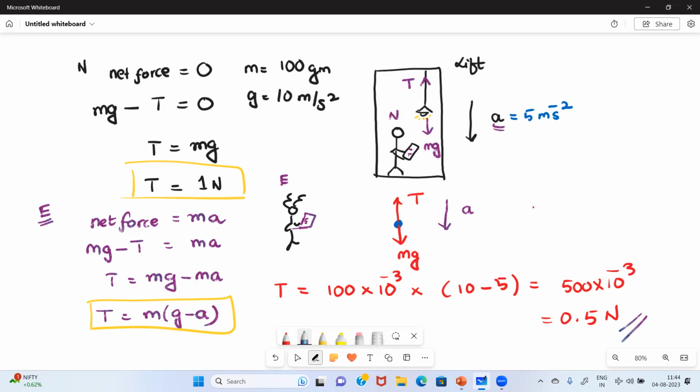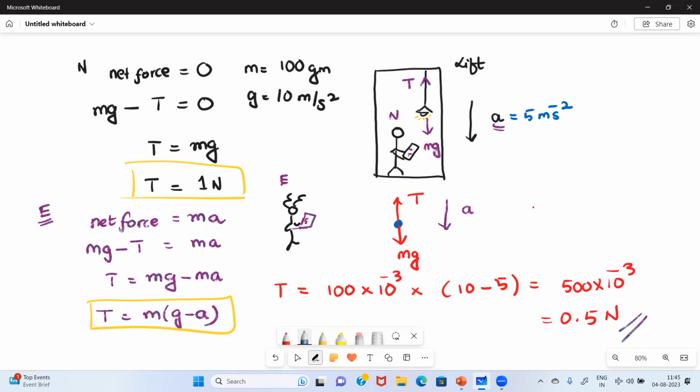This lift, is it accelerating or not? If this lift was not accelerating, then Mr. N would have been correct, yes or no? But Mr. N is sitting inside an accelerating frame of reference and still writing Newton's laws.